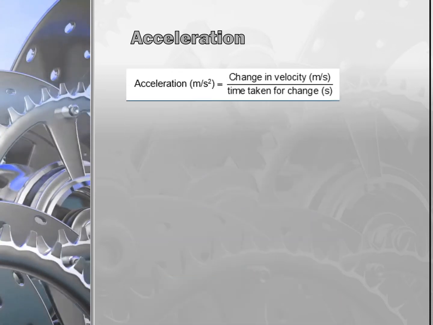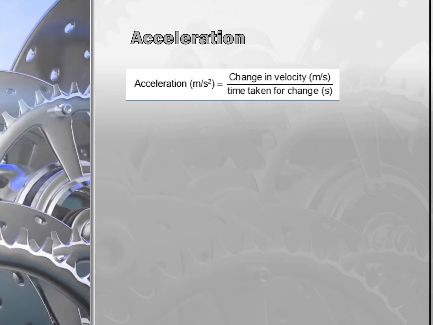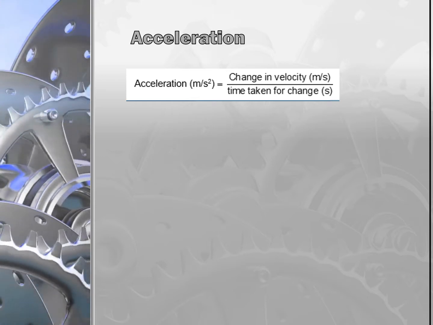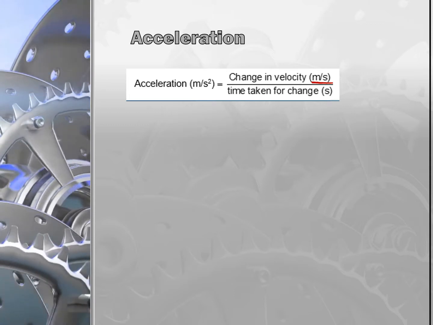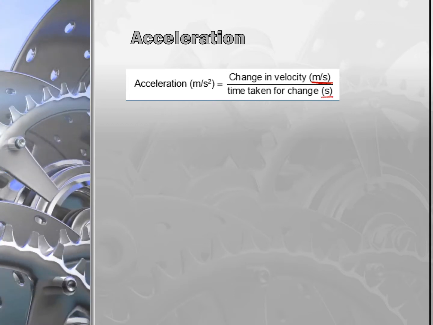Now, what is acceleration then? Well, to calculate acceleration, which is a rate of increase of speed, we use an equation. And the equation is quite straightforward. Acceleration is given by change in velocity, units meters per second, divided by the time taken for that change to happen in seconds.